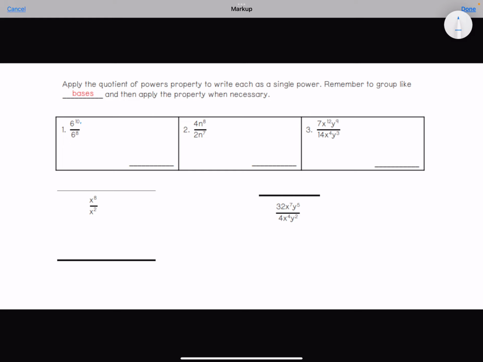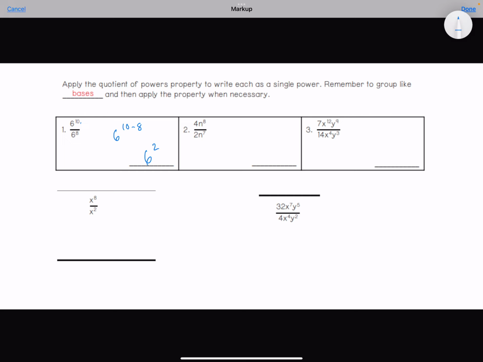So 6 to the 10th over 6 to the 8th. My bases are the same. I'm going to subtract, so it's going to be 6 to the 10 minus 8, 6 squared.